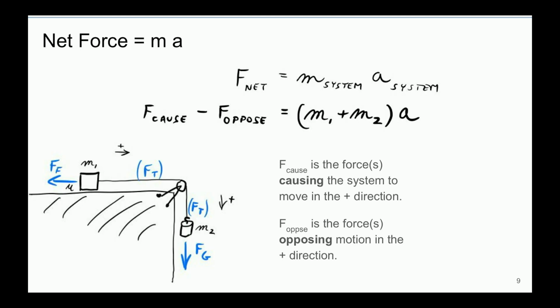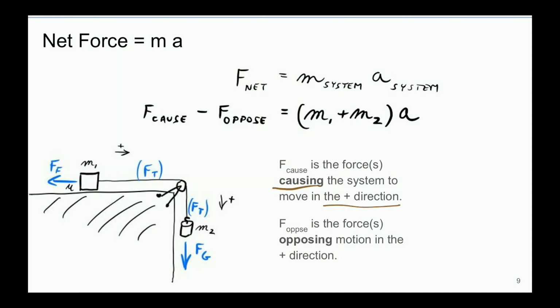And it's sometimes handy to use the words causing and opposing. If you want to talk about forces that cause the system to move in the plus direction, then you can use that vocabulary. You can use opposing if you want, which is causing it to move in the negative direction, right? So you can say that, or it's opposing motion in the plus direction.